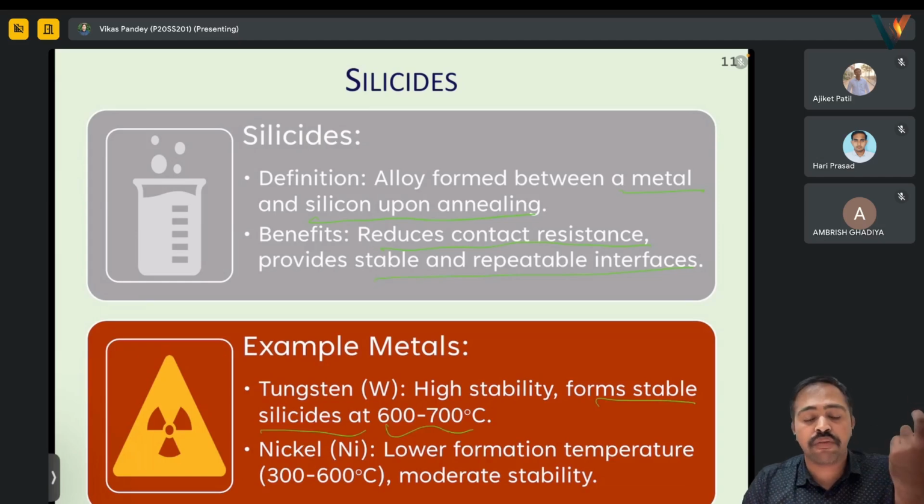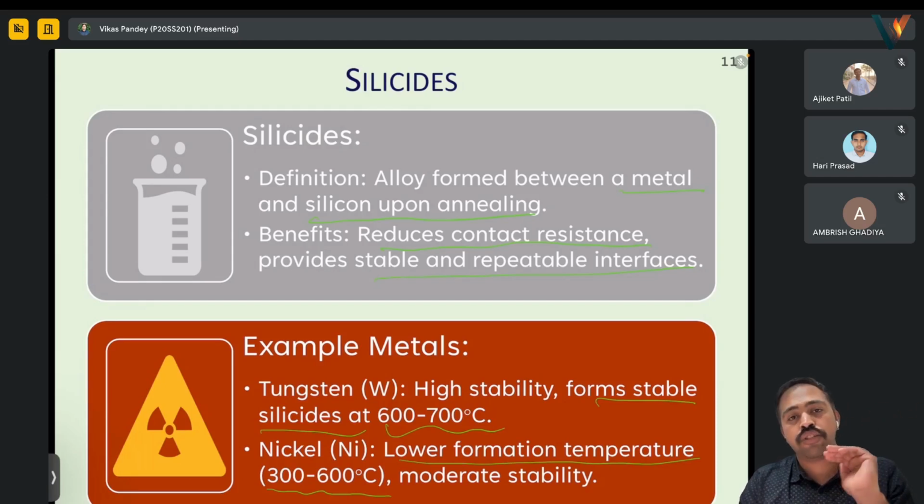In this case, you have to go to higher temperature. Nickel has a low formation temperature, 300 to 600 degrees Celsius, and is moderately stable. Nickel, if it is not annealed, is generally used to create Schottky contacts. Okay.